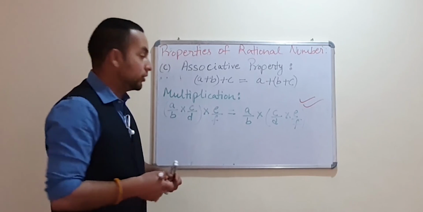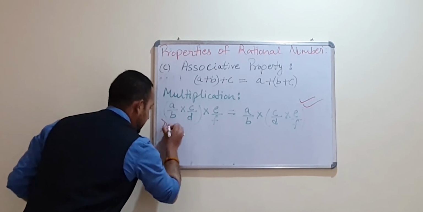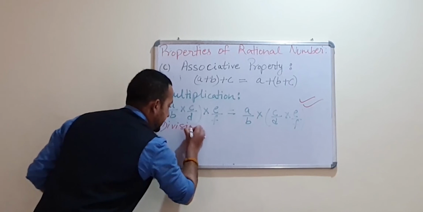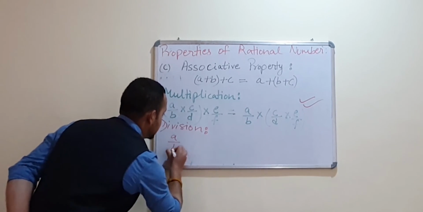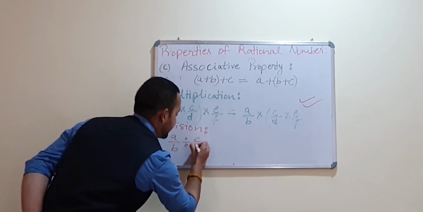And division, in case of division, you can take an example by yourself. In case of division, again, associative property is not applicable.